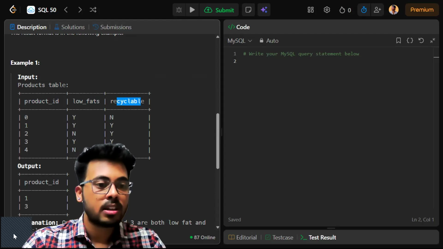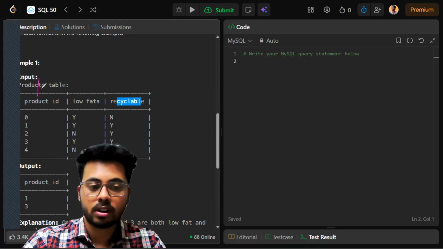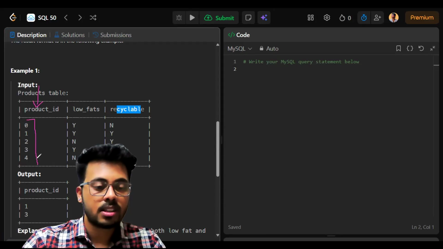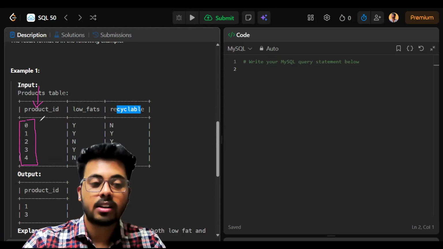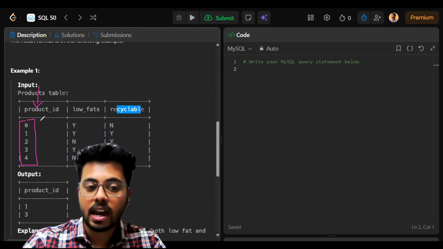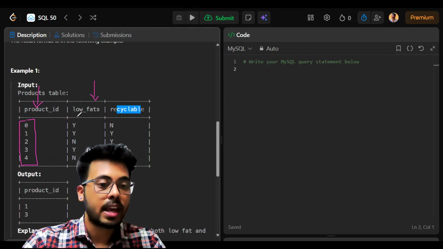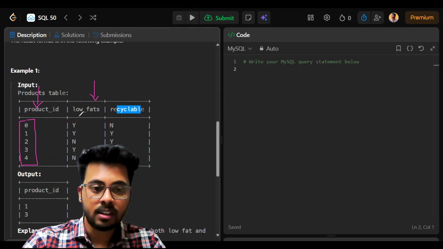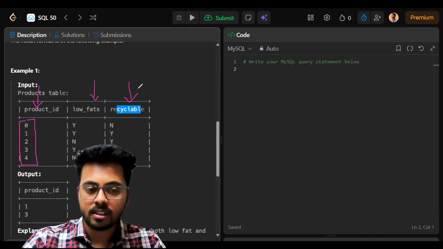We already know product_id will have values which are unique by nature and not null. As you can see, these integer values are not repeating, they're unique, and at the same time, we won't be receiving any null value here. Now, low_fats means enum Y and N, and recyclable is again enum Y and N.